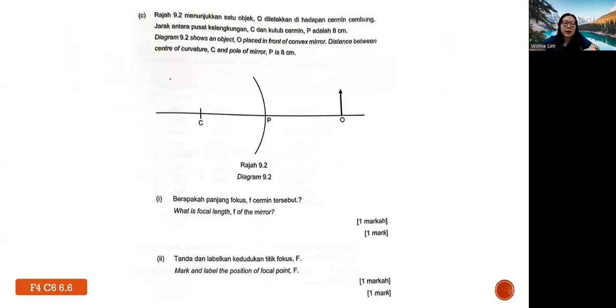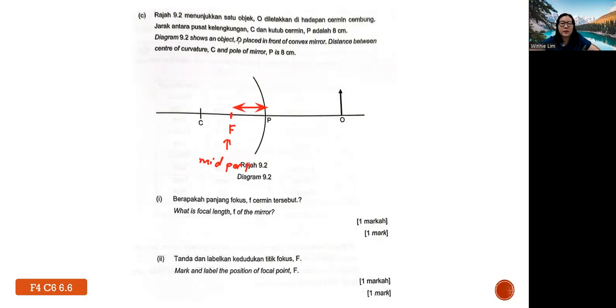Okay, then move on. Diagram 9.2 shows an object O placed in front of a convex mirror. The distance between the center of curvature C and the pole of the mirror is x cm. What is the focal length of the mirror? Basically the focal point is in between C and P. This F is the midpoint. The focal length is from here to here.